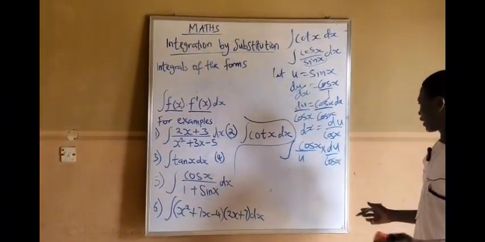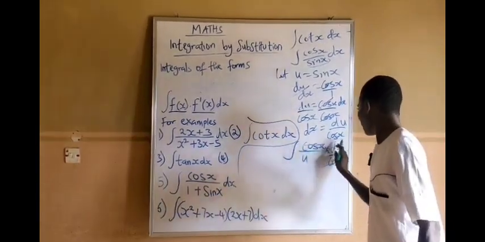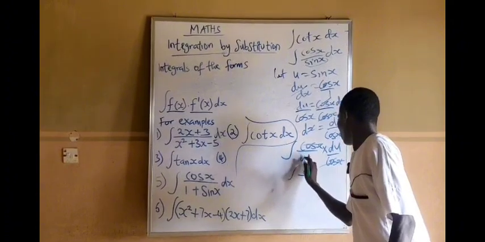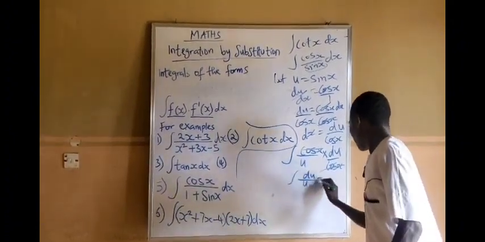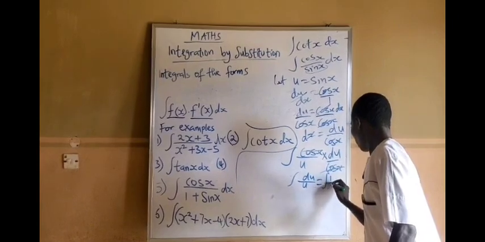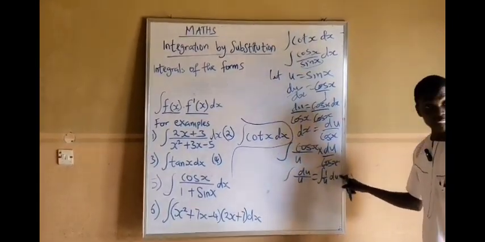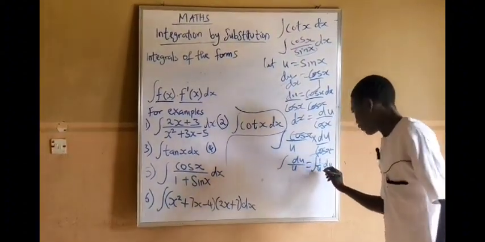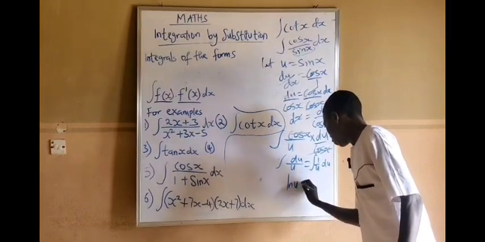Now, if you look at it, you see that this cos x can cancel this cos x. We are left with 1 times du, it will give you du, all over u times 1, it will give you u. So you can also rewrite this as the integral of 1 over u du. Of course, if you multiply du, it will still give you du, all over u. So it's still the same. And whenever you integrate 1 over u, it will give you ln u. Just include your constant.